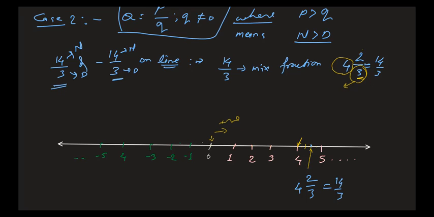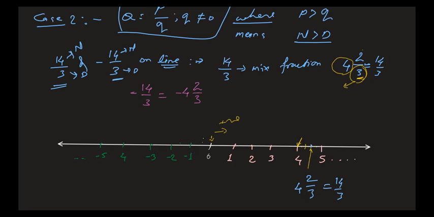For doing the negative side, look here student, I'm representing this minus 14 by 3 on the number line. So this minus 14 by 3 is also converted into a mixed form, so it becomes minus 4 and 2 by 3.